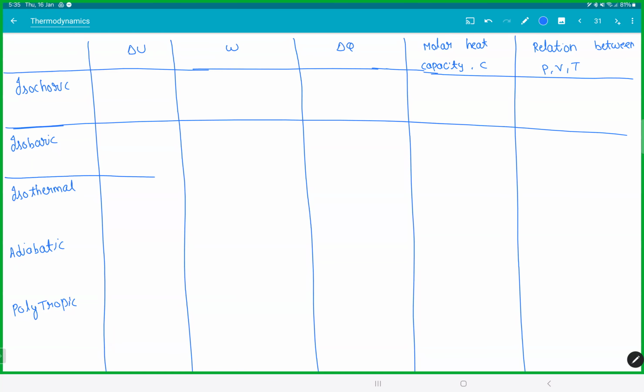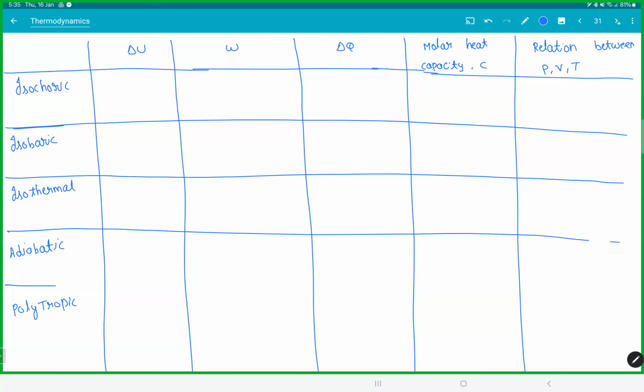Can you fill up the table? Fill it up. I'll give you 2 minutes. We have derived results for all of this. This is what I was saying. You should know delta U, work done, and delta Q for each process, and molar heat capacity. Once you know this, you'll be able to handle most of the questions.